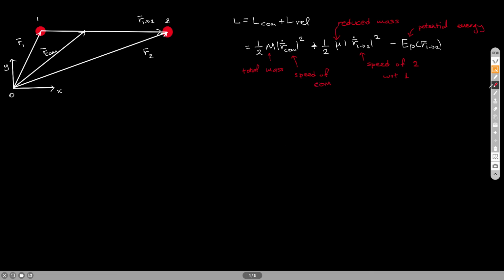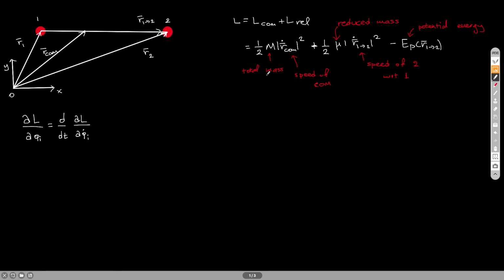Now I'm going to write what the Lagrange equations look like. It's the partial of L with respect to a generalized coordinate, and that is equal to d over dt of the partial of the Lagrangian with respect to q dot, the generalized velocity. Now I want to see what this quantity depends on.